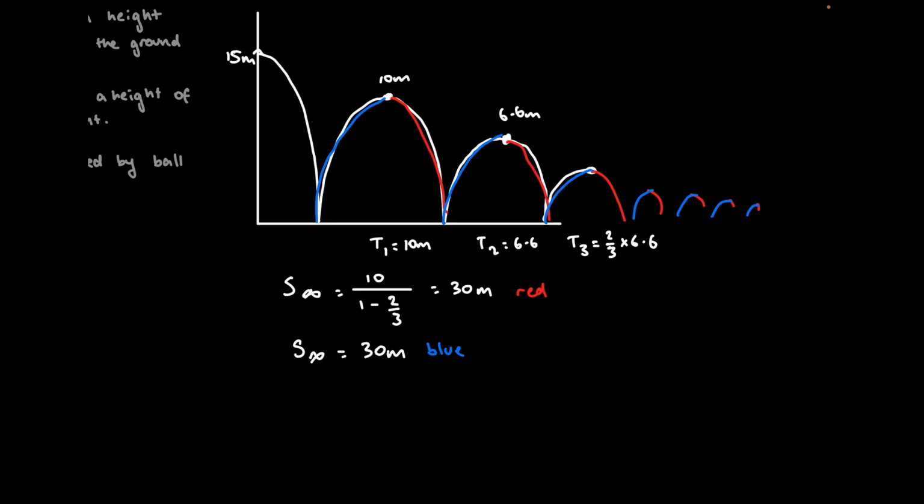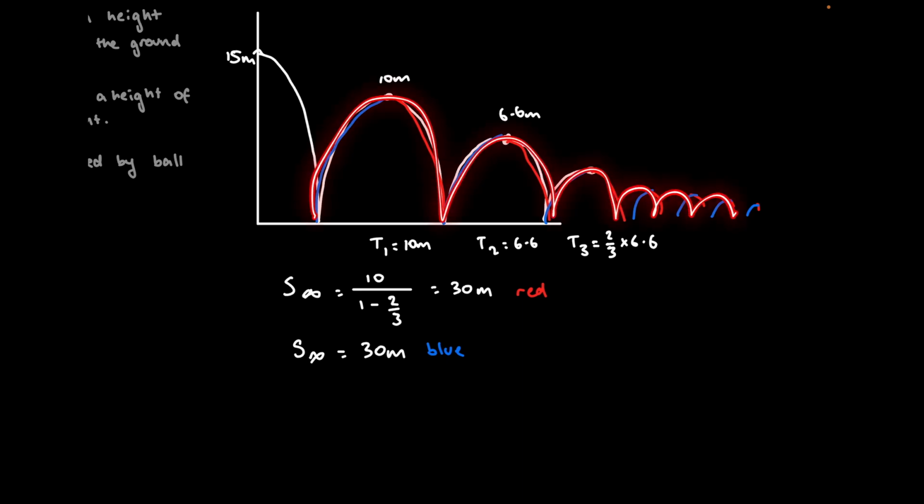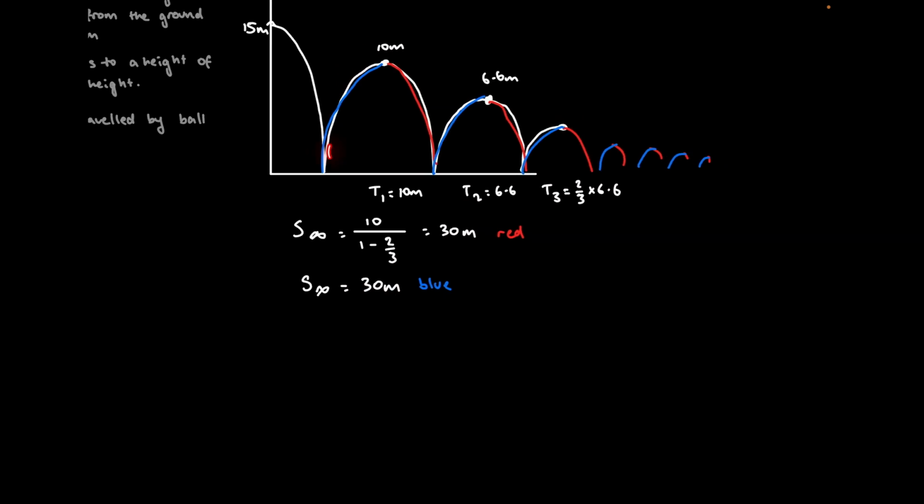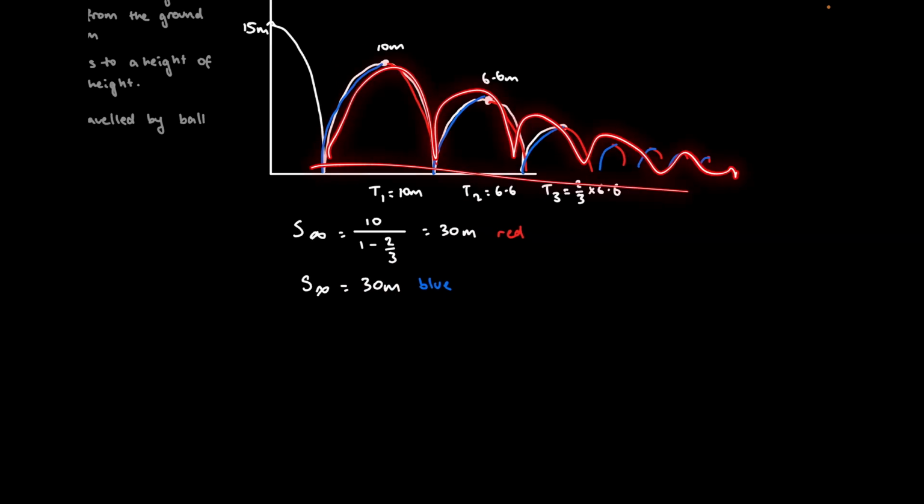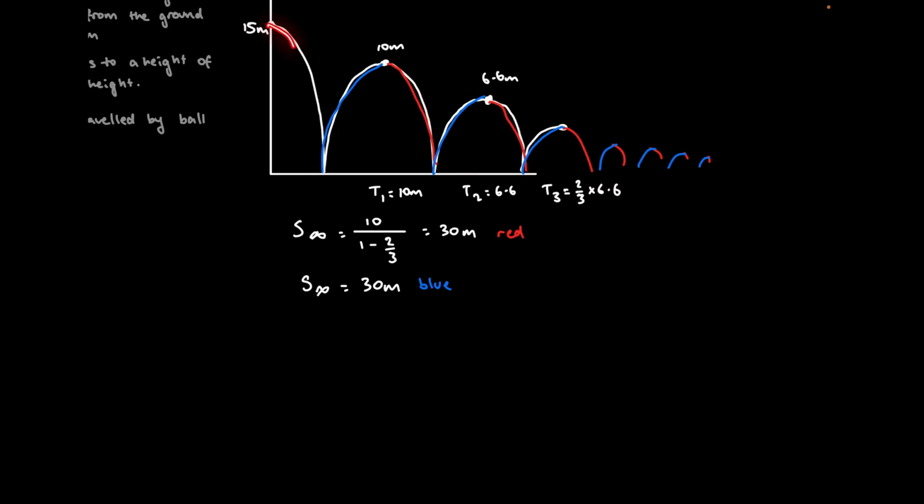So we know that the total distance traveled along this entire path until infinity will equal 30 plus 30. So this distance will converge to 60 meters. But then we can also realize we have traveled an extra 15 meters on the first bounce. So the first bounce, we traveled 15 meters.